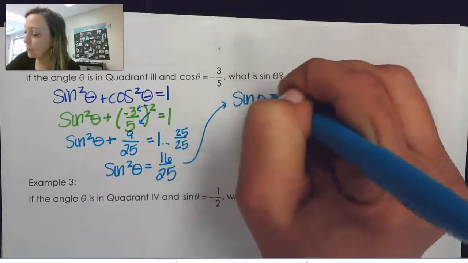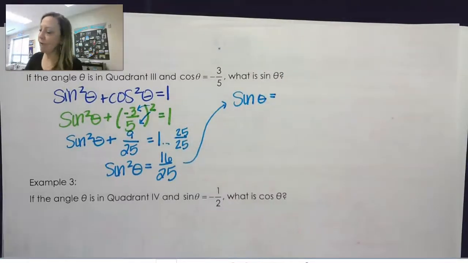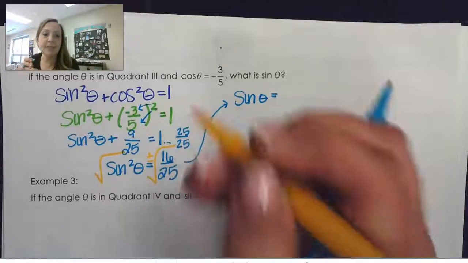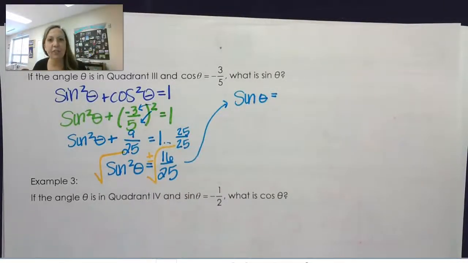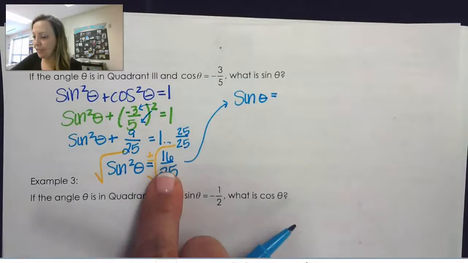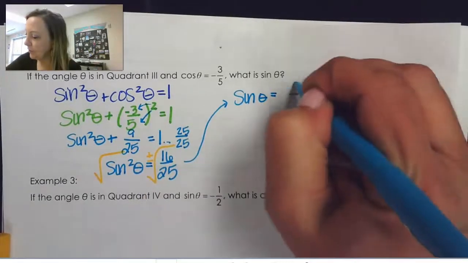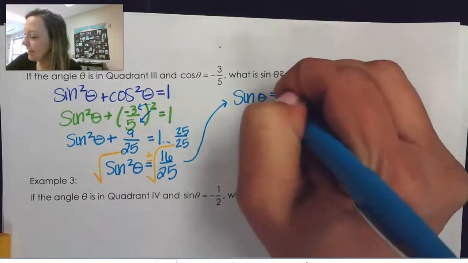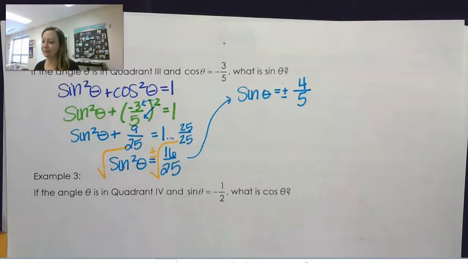So if I take the square root of each side and think about that plus or minus, remember when you take the square root of a fraction, you take the square root of the numerator, which is 4, the square root of the denominator, which is 5, and we said that that was plus or minus.